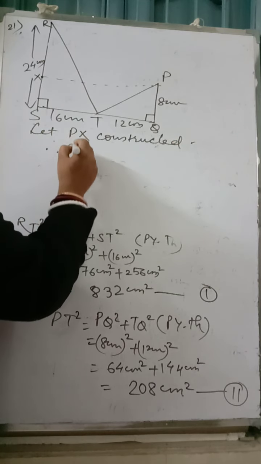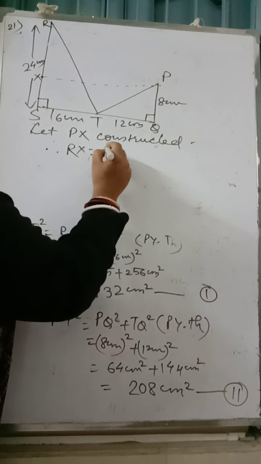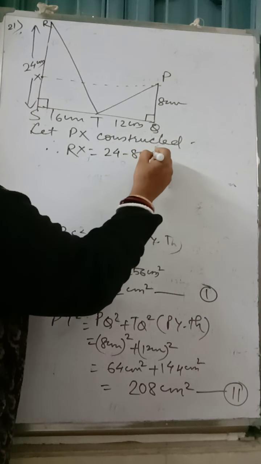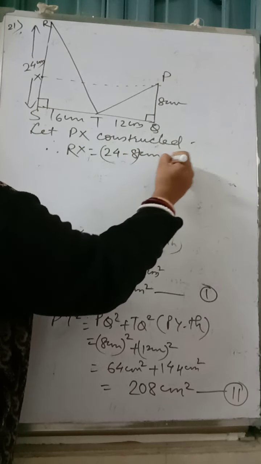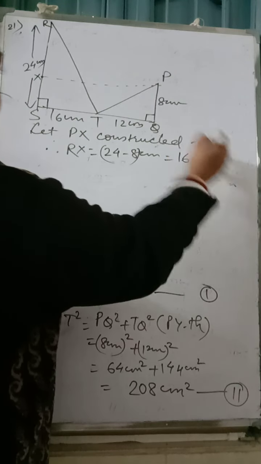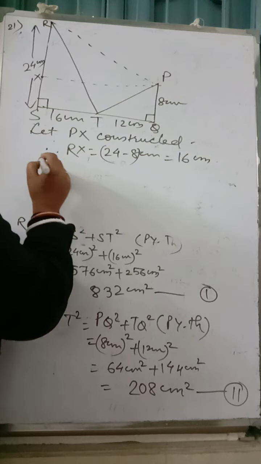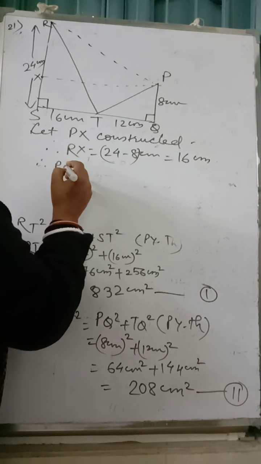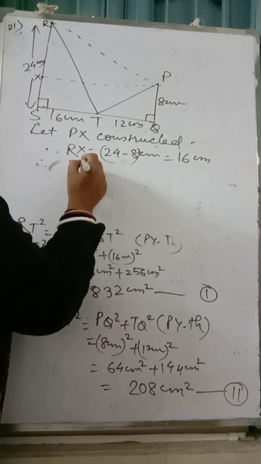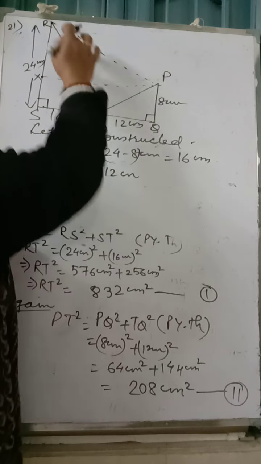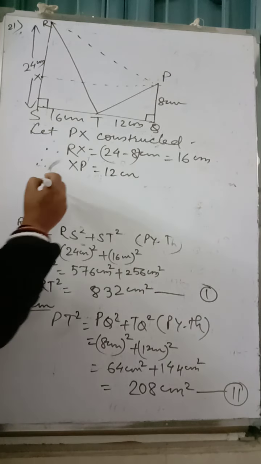So RX would be 24 minus 8 centimeter, or 16 centimeter. And XP will be 12 centimeter. So what will be the length of this RP?